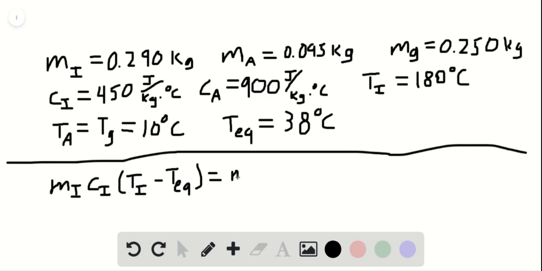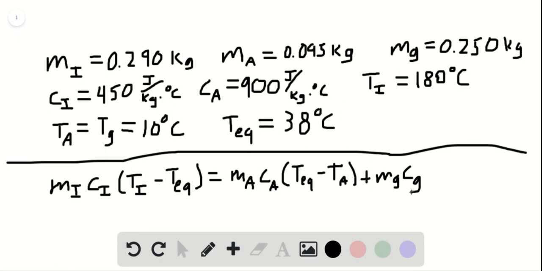So this is going to be the mass of the aluminum times the specific heat constant of the aluminum times the temperature in equilibrium minus the temperature of the aluminum initially, plus mass of the glycerin times the specific heat constant of the glycerin, which is what we're trying to find, times temperature in equilibrium minus initial temperature of the glycerin.